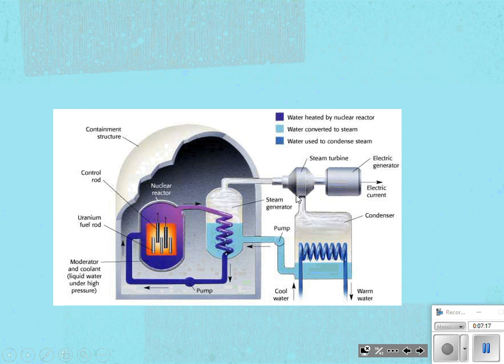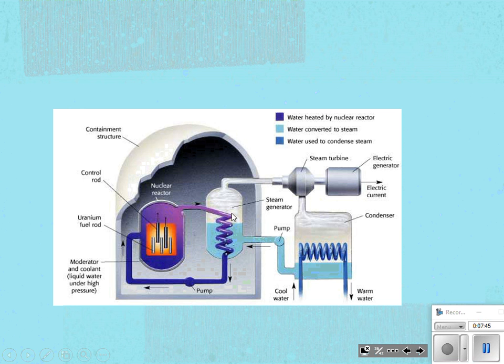Well, what happens back with the steam? The steam then comes down here because it's cooling off. Here is cold water. This is what we call a condenser. That steam touches that cold water and condenses back into water. And then it cycles back up through here. So this water starts off as water here, comes through here, gets heated up into steam.